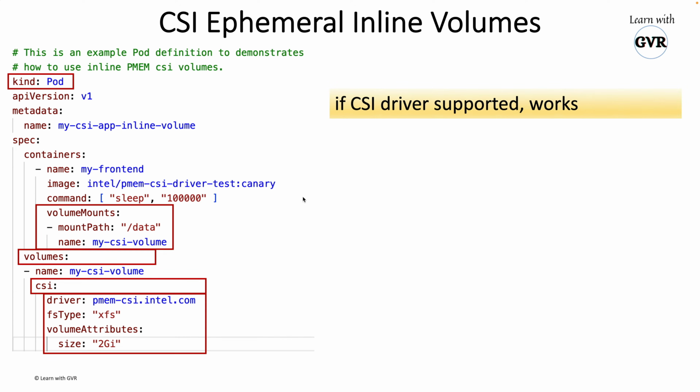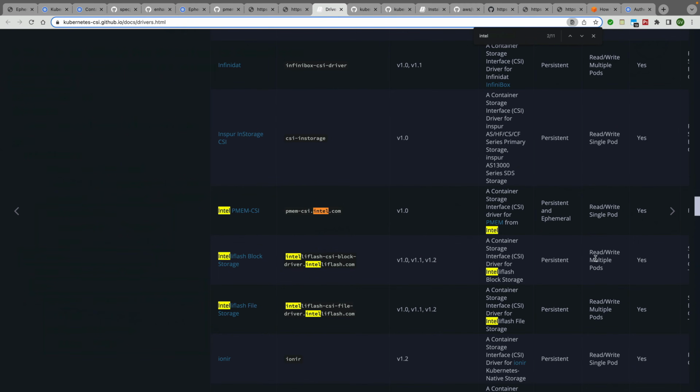So only if the CSI driver supports it does ephemeral work. That means some of the drivers are only persistent, and some are both persistent and ephemeral. If you look here, Intel Flash Block Storage supports only persistent, which is a different company.